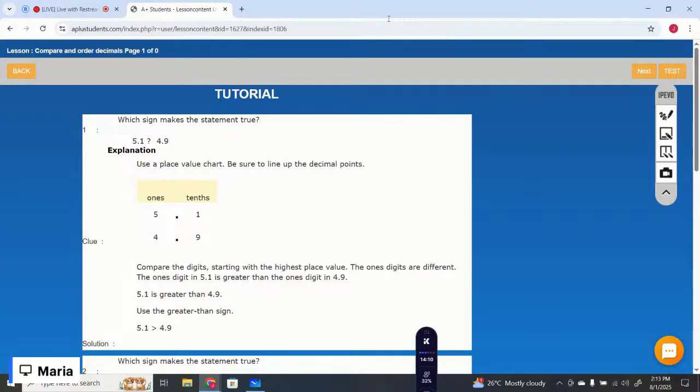Let's just look at their ones digit. 5 and 4. 5 is greater than 4. So that means 5.1 is greater than 4.9. Let's just start with the questions.